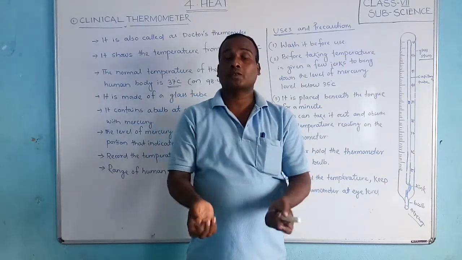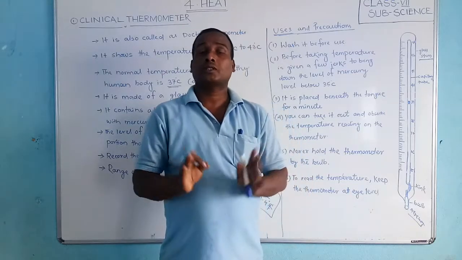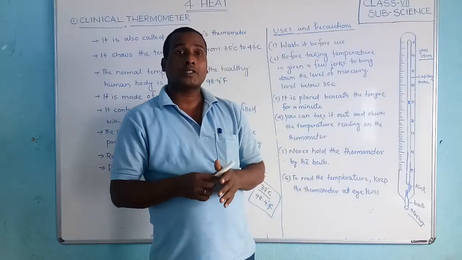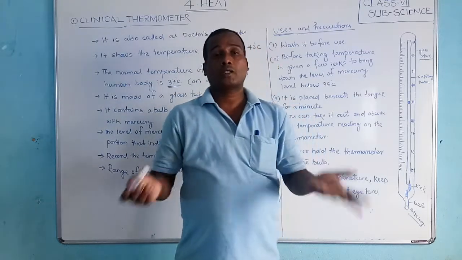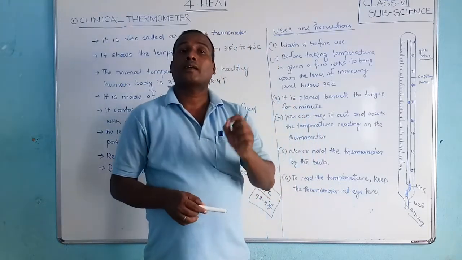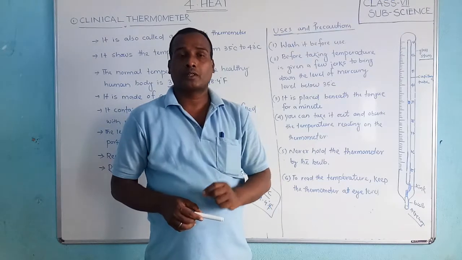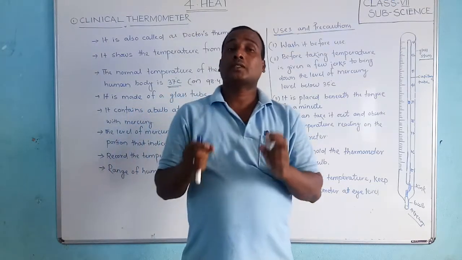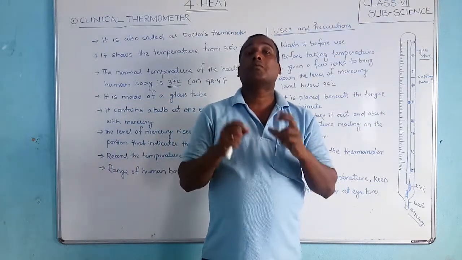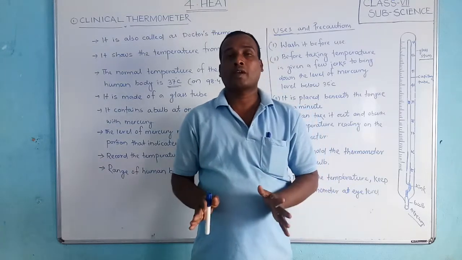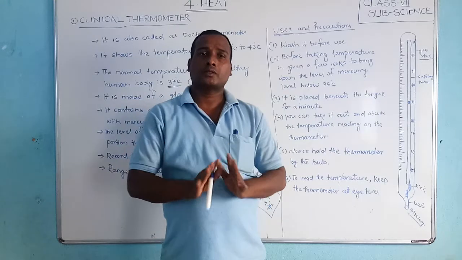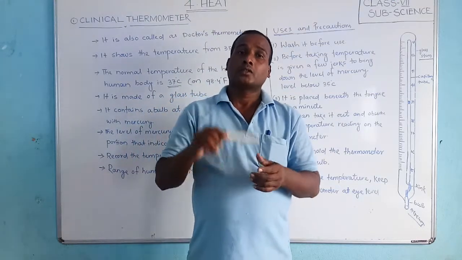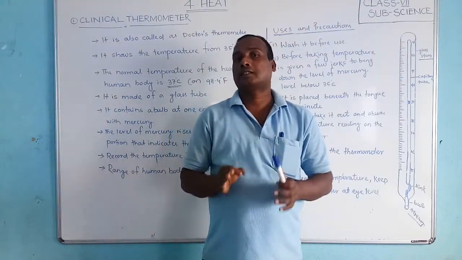So many parts come, and the mercury falls down, so it is not good. That's why, to avoid that, doctors and we ourselves are now using the digital thermometer. The digital thermometer does not contain mercury, so if you drop it, nothing will happen. Don't worry. It may break, but it won't be harmful. So nowadays we are using the digital thermometer.